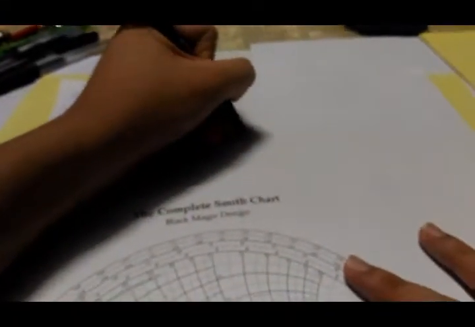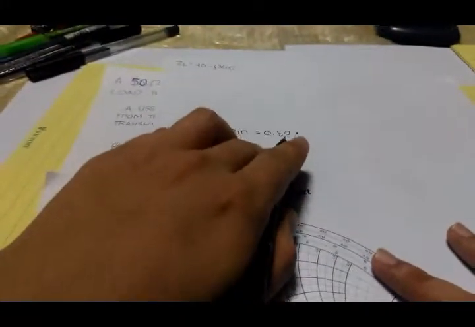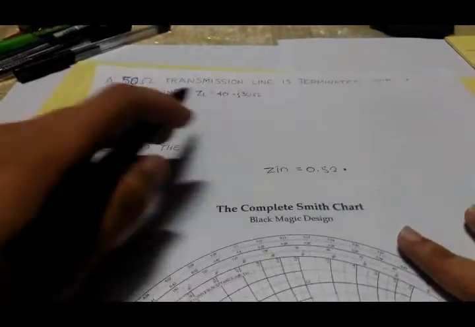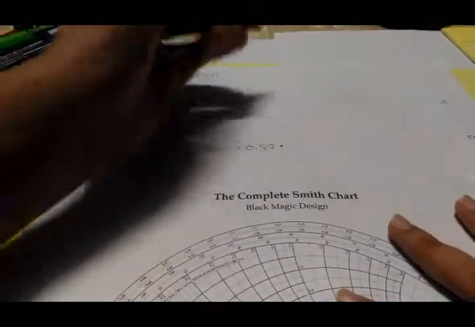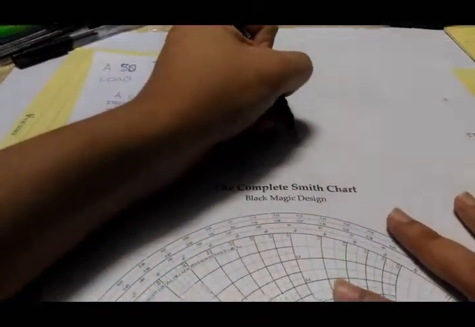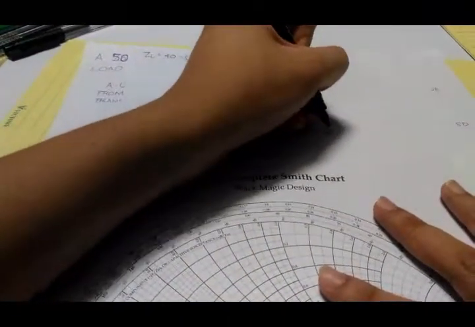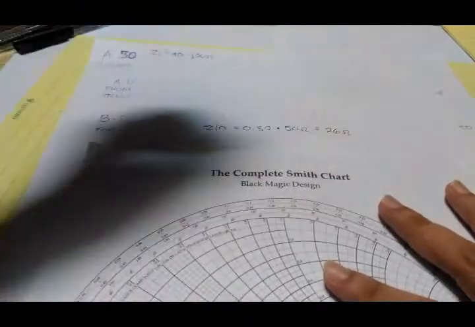So the formula will be 0.52 multiplied by, since this value is already normalized, our Z out of 50 ohms, resulting in 826 ohms.